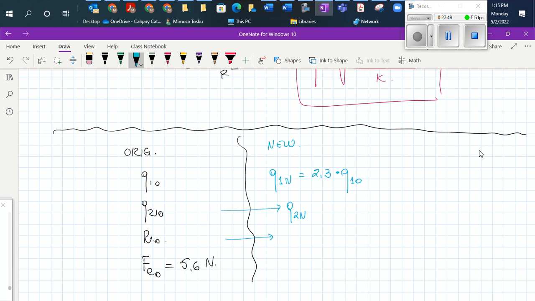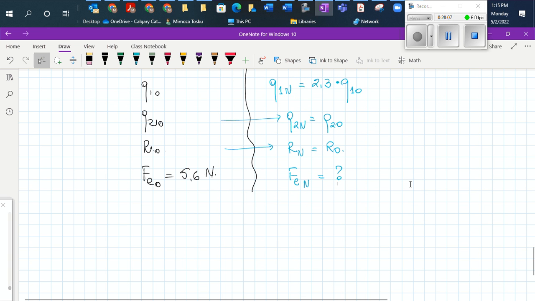So Q2 new is the same as Q2 original, and the radius new is the same as the radius original. And now we are asking what is the magnitude of the electrostatic force in the new situation.